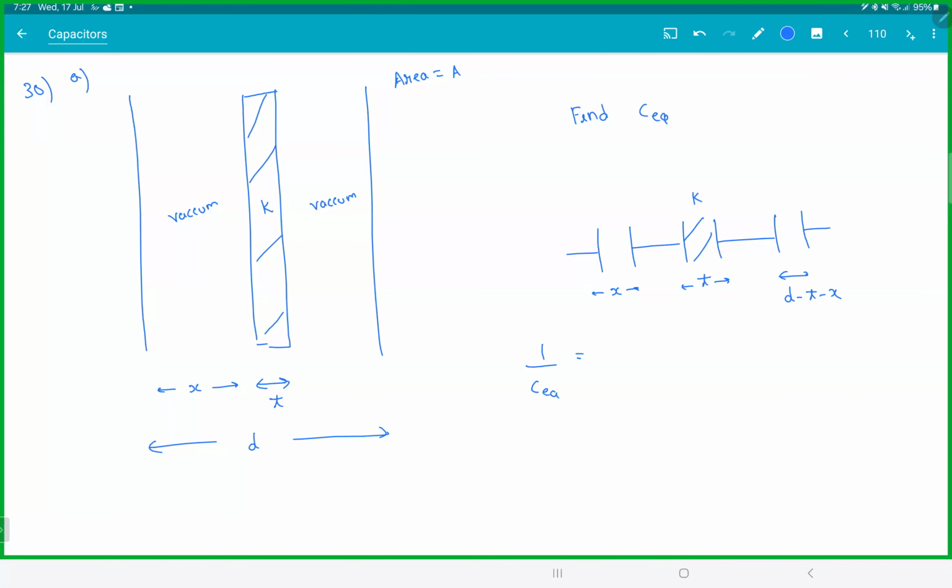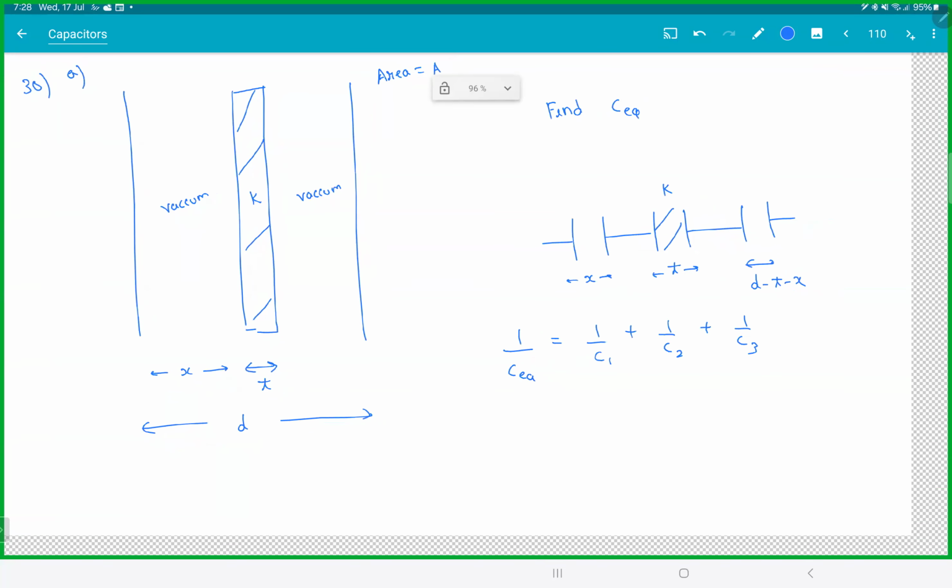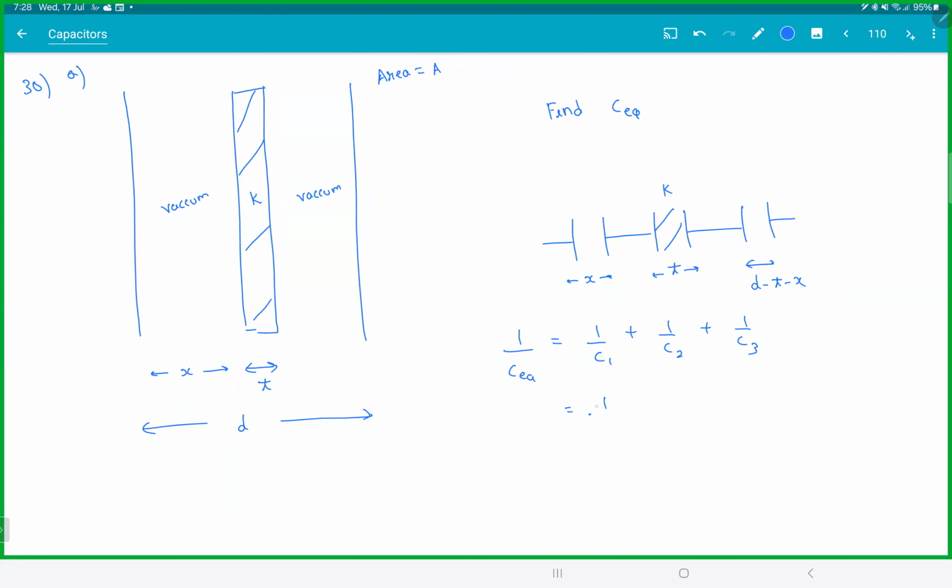So 1 by C equivalent is 1 by C1 plus 1 by C2 plus 1 by C3. So here C1 would be A epsilon by distance X. This is K A epsilon, distance is T. This would be D minus T minus X by A epsilon.